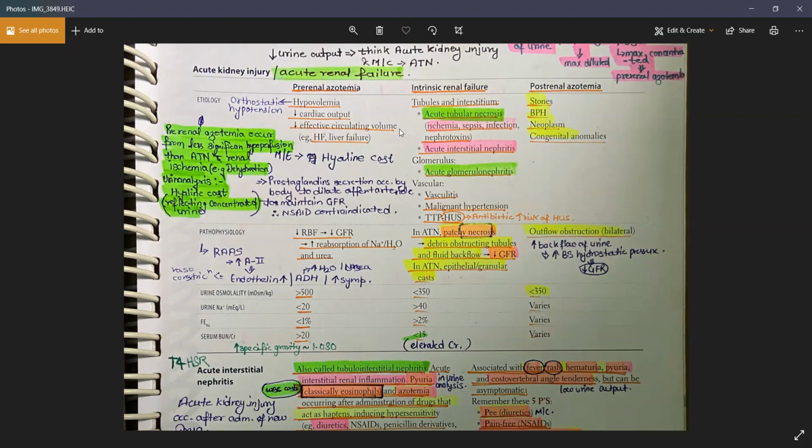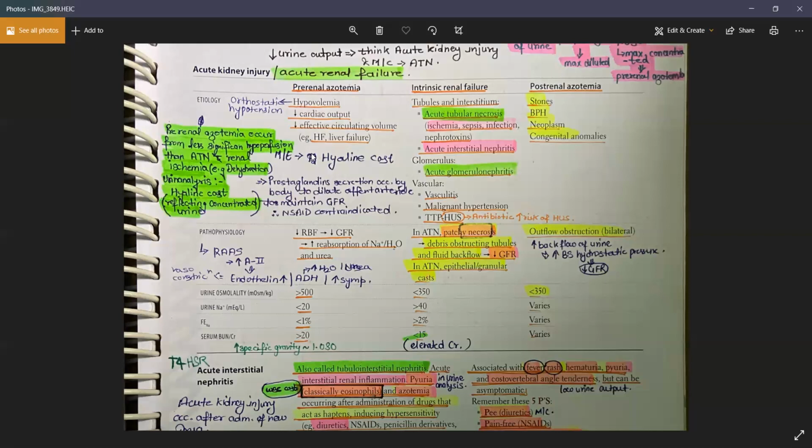In all of these conditions, you will have decreased flow to the kidney, and because of decreased blood flow to the kidney, you will have hypoxia in the kidney that causes damage in the kidney. Now, I told you whenever you have decreased blood flow to the kidney, two things will happen. One is ADH, and second is the RAS, right? Yes. Now, because ADH got activated, you will have free water reabsorption as well as urea reabsorption.